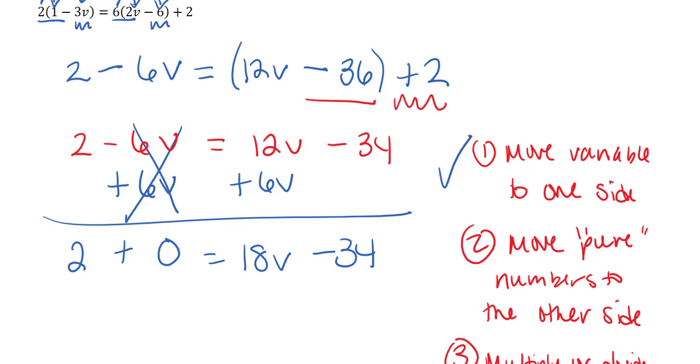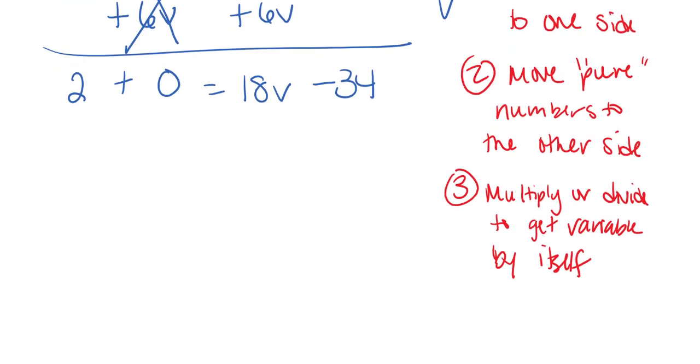So we did the first step. We moved the variable to one side. Now when I say after the first step, I mean after we did this whole distribute, a number across the parentheses, and then we combined if there's any like terms on one side of the equal sign, and then we can move on to this part.